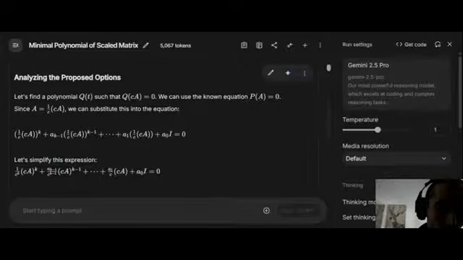Let's find a polynomial q such that q(A) equals 0. We can use the conjugation, so that the inverse of A equals 1 divided by the polynomial, and substitute it into the equation.